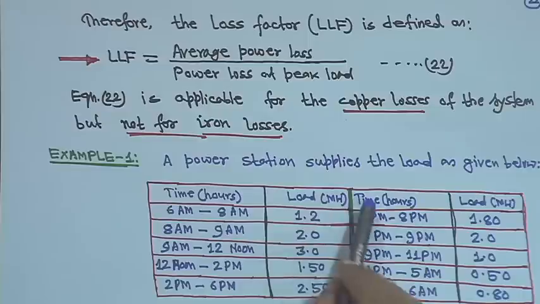So that means 24 hours of load variation data are given.